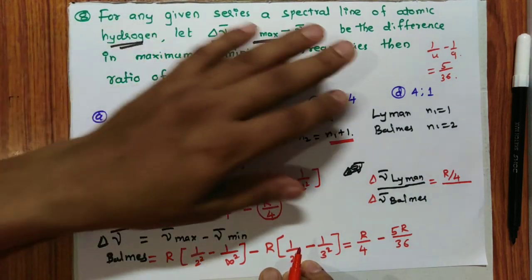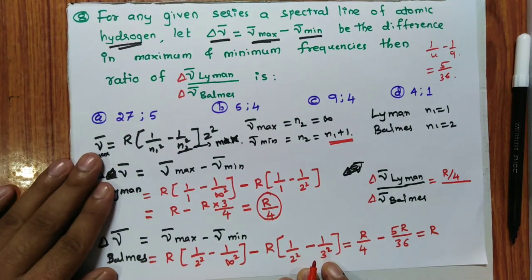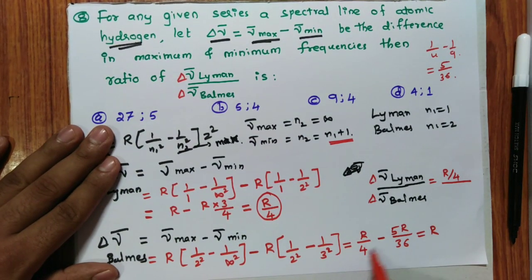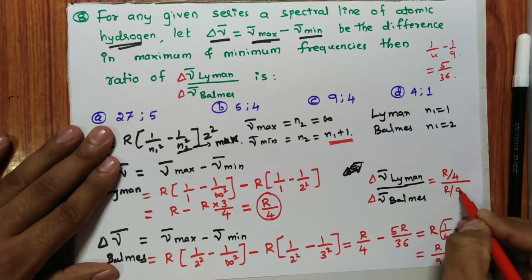Then you remove the common R, and you get 1 by 4 minus 5 divided by 36. Simplifying this, 36 minus 20 is 16 divided by 36, so you are going to get R divided by 9. So I will write it as R divided by 9.